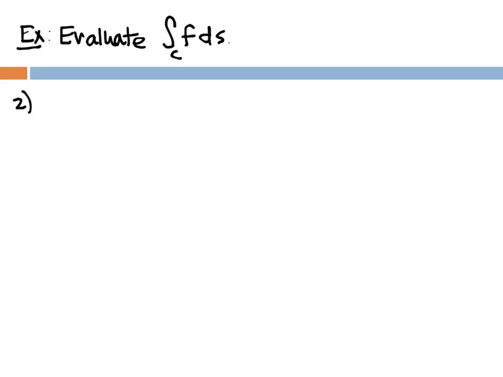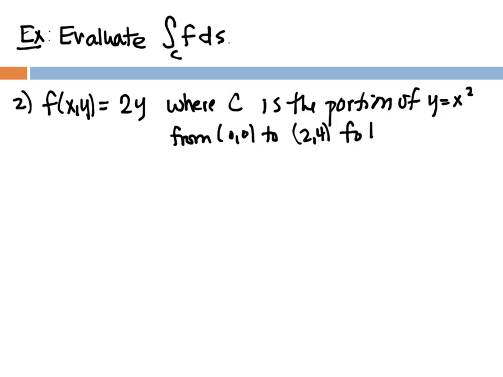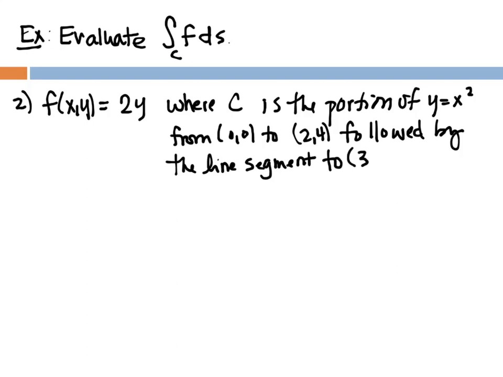And the second example that we're going to do is f of xy equals 2y, where C is the portion of y equal x squared from 0, 0 to 2, 4, followed by the line segment extending to 3, 0.